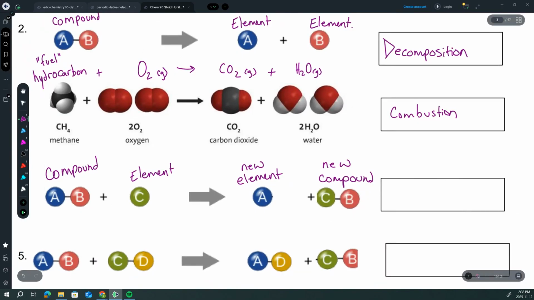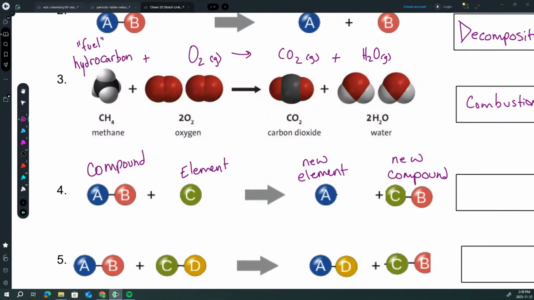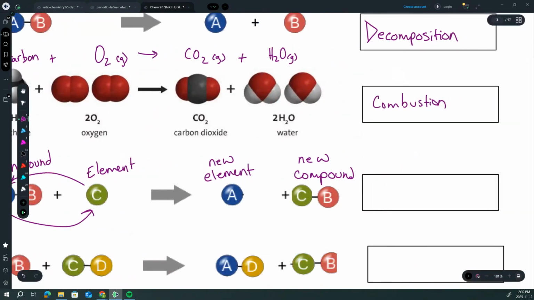So what happened here was it looks like A and C did a little bit of a monkey switch. Element C reacted with compound AB and took the spot of A, so that now we have new element A and new compound CB. Only one thing is being replaced in the compound, so we're calling this single replacement.